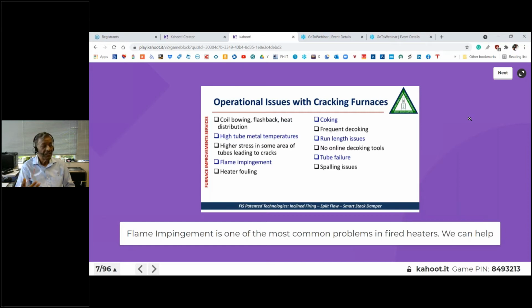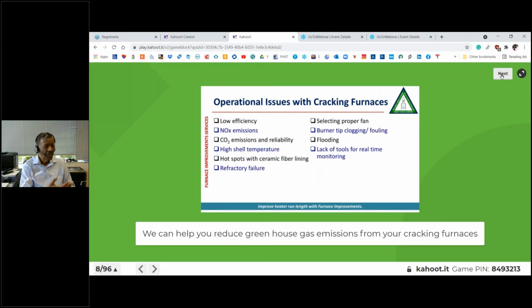In our experience, flame impingement is one of the most common problems in fired heaters, and we can definitely help you improve your burner flames. Look at all these questions, which are feedback we have received from you: low efficiency, NOx emissions, CO2 emissions, high shell temperature, hotspots, refractory failures, fans, burner tip clogging.